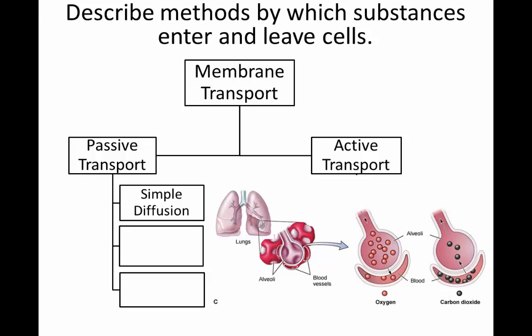Because there's a high concentration of oxygen within the alveoli, through the process of simple diffusion, the oxygen will move into the blood vessels. There's a high concentration of carbon dioxide within the blood itself, and so it will move from high concentration in the blood to low concentration within the alveoli, thus allowing us then to breathe out the carbon dioxide.